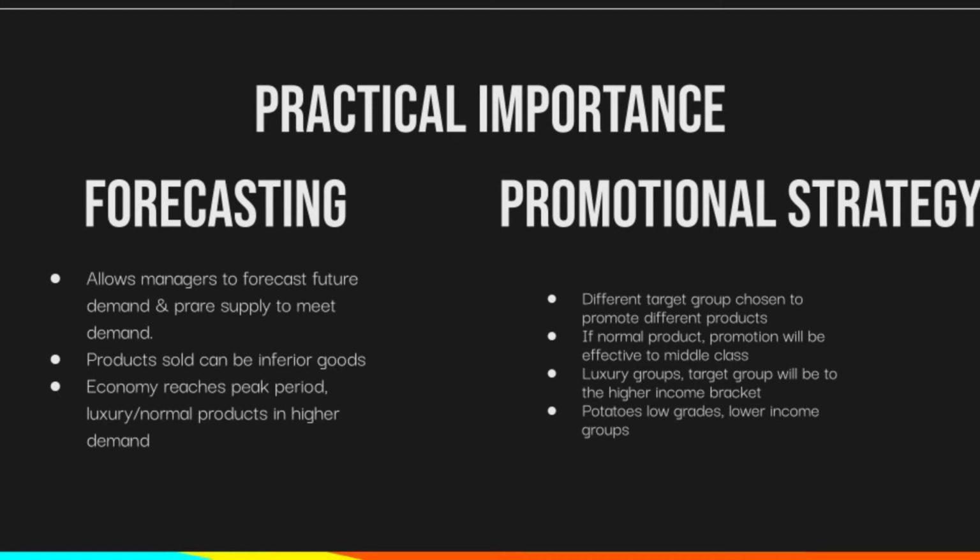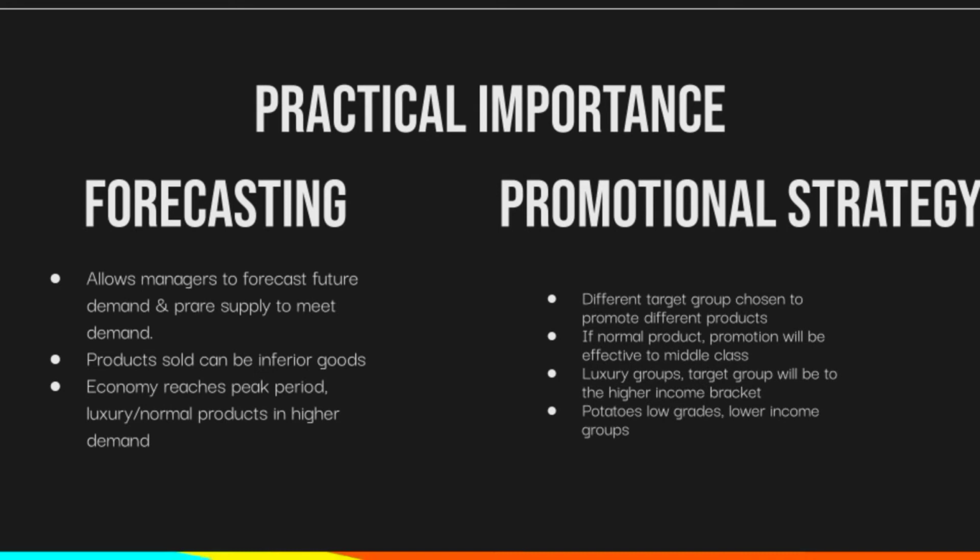For example, when the country is expected to be in a state of recession, the producers can plan what products to sell during the recession. And third, when the economy reaches its peak period, luxury or normal products are in higher demand.